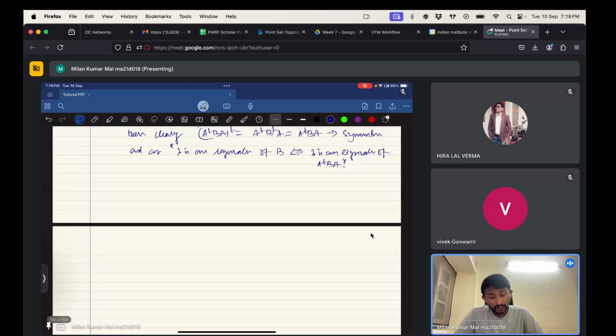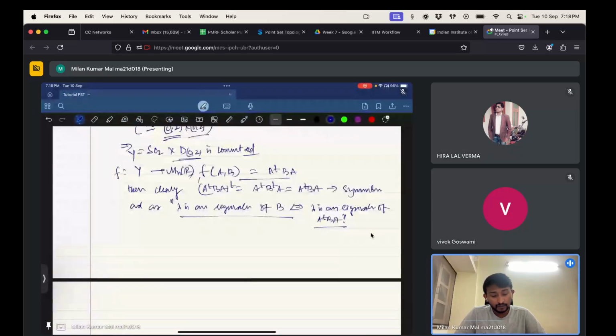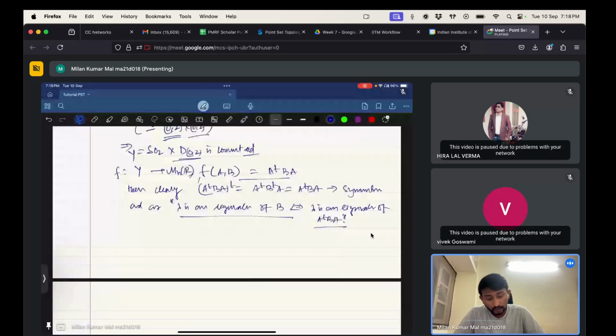So if lambda is an eigenvalue of B, then lambda will be an eigenvalue of A transpose B A. But B is coming from the diagonal set, so the eigenvalues of B will be between 0 and 2.